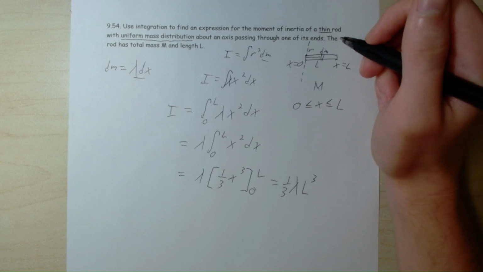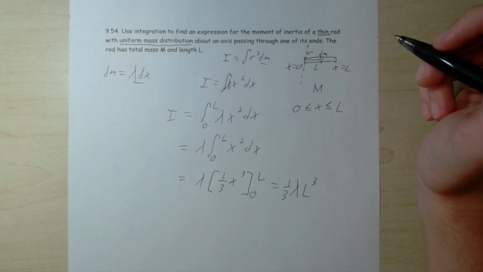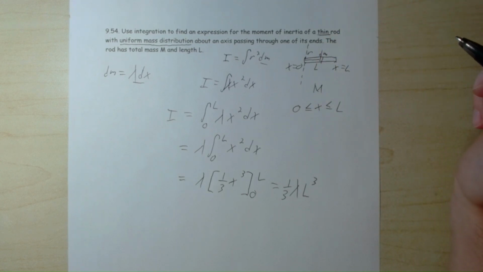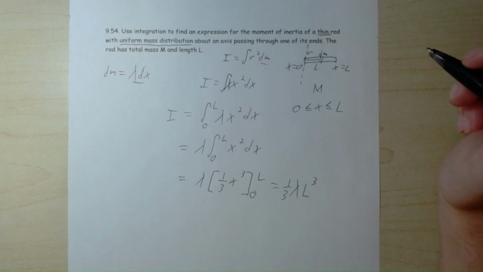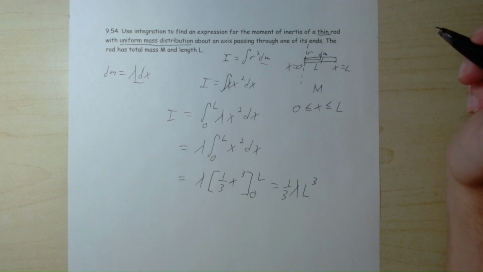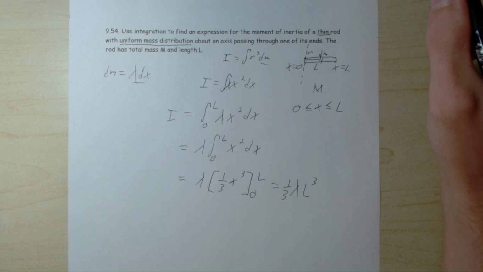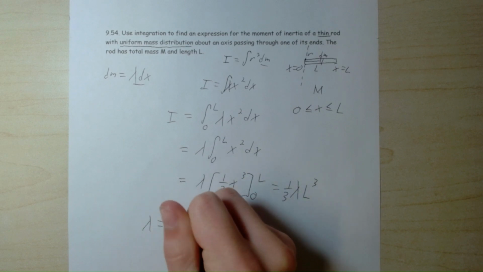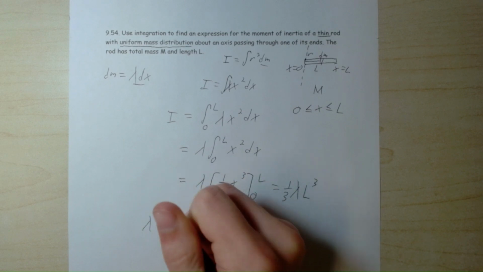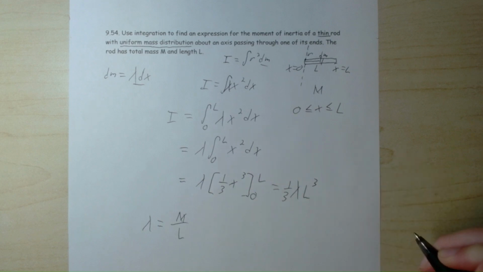Because for each section of the rod, it has a mass equal to the total mass divided by L. So lambda equals m, the total mass, over L.